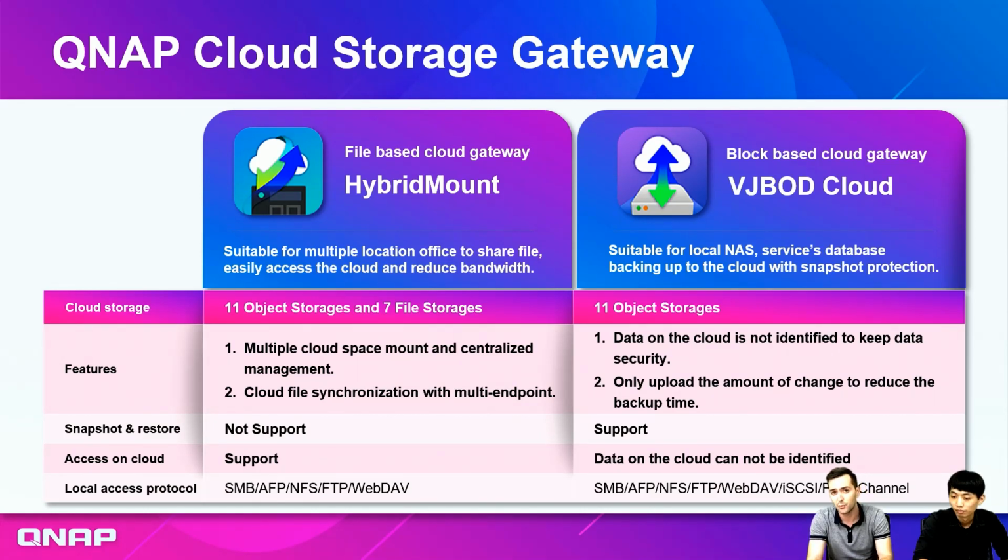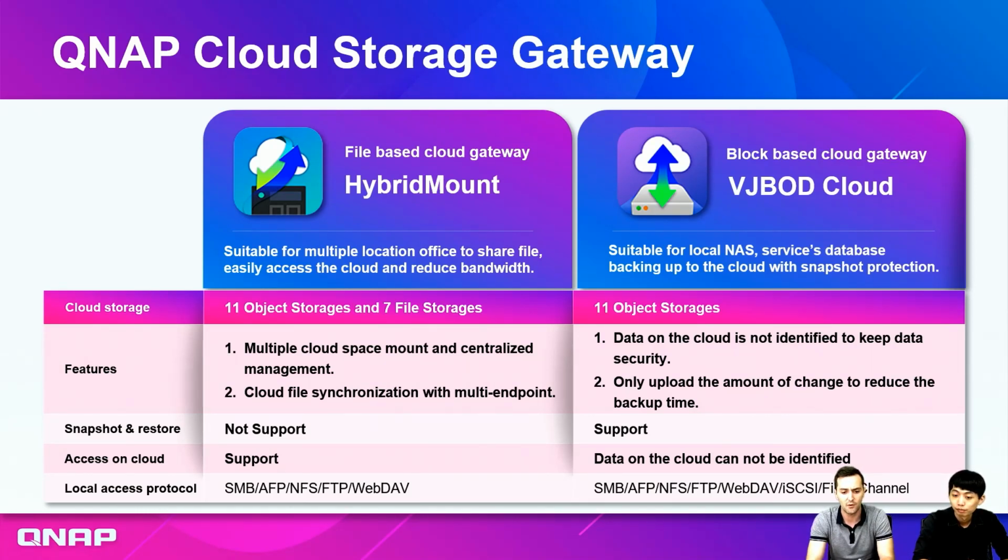It is suitable for multiple-location offices to share files, easily access them and reduce bandwidth, working across teams, especially if you are working in different geographical areas, with offices in different cities or different regions. This would be very good for team interaction and relationship building, and also for dealing with every project that you have right on the spot.